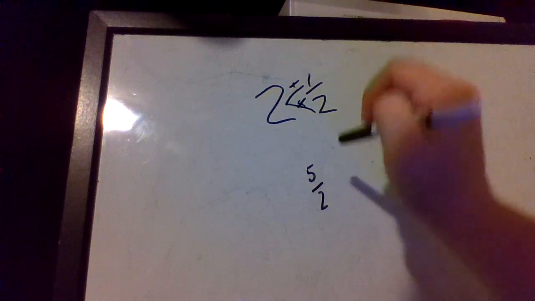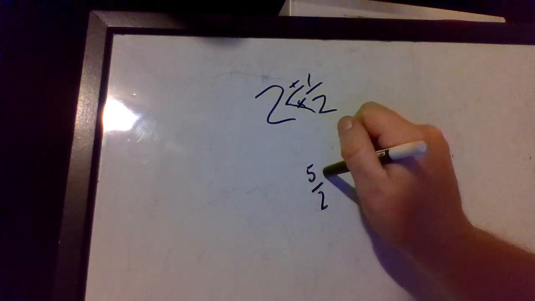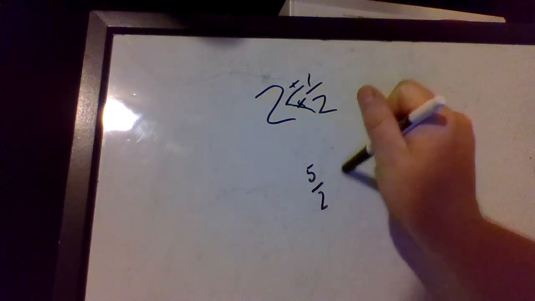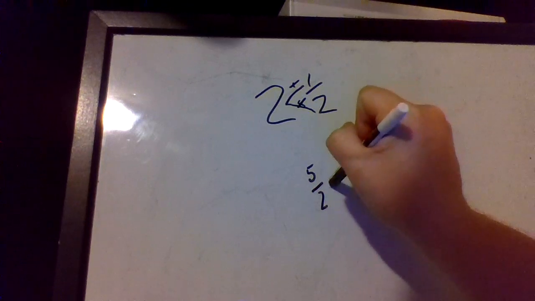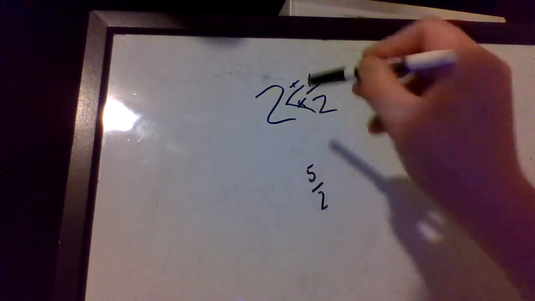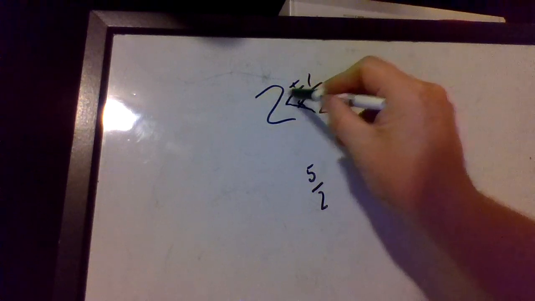Your result is going to be your new numerator, and then you're going to keep your original denominator. I know that's a lot of technical language, but just know that we're going to multiply these two numbers and add this number.